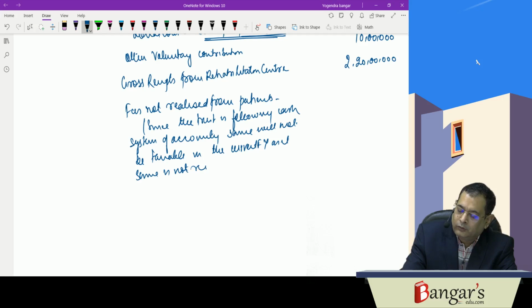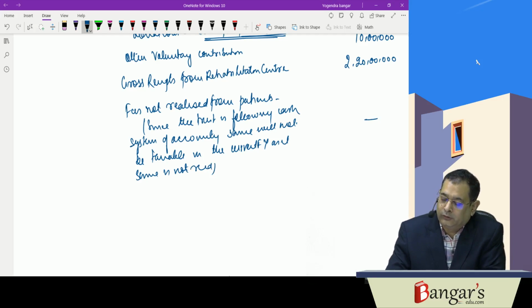Okay, so it won't be taxable in the current financial year because it is not received.